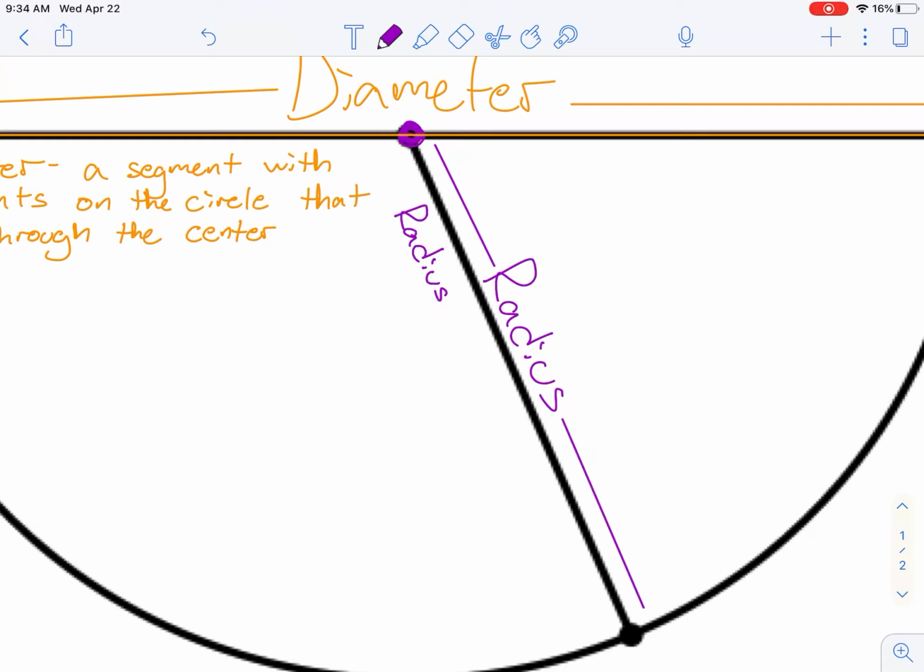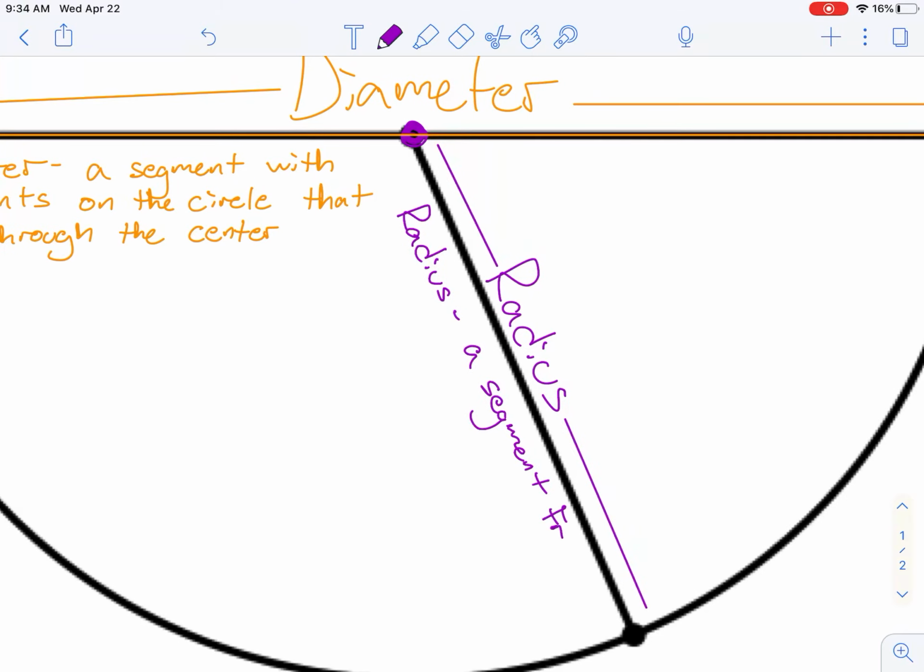So let's define that. So radius is a segment from the center of the circle to the edge.